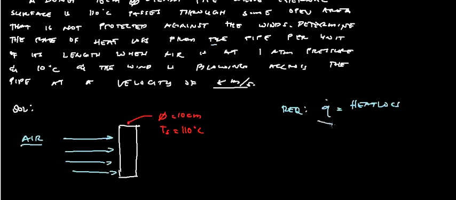So we need to determine the heat loss per unit length, when the air is at 1 atm pressure, so the condition of your air, the pressure is 1 atm and 10 degrees Celsius. Okay. The wind is blowing across this pipe at a velocity of 8 meters per second. Okay?